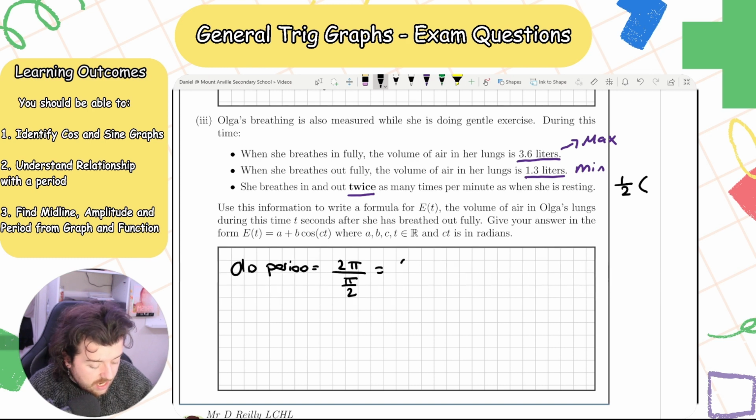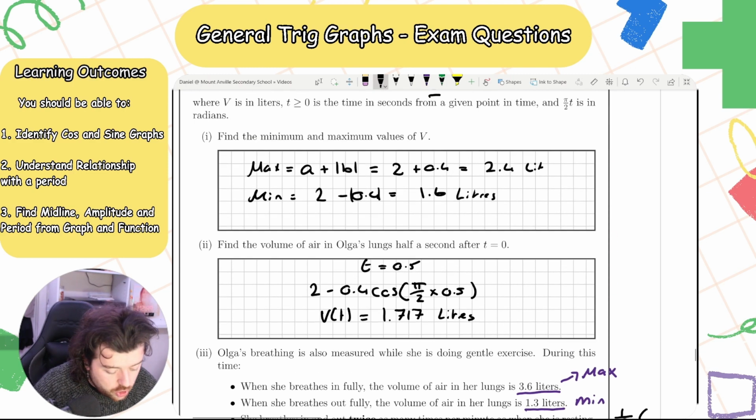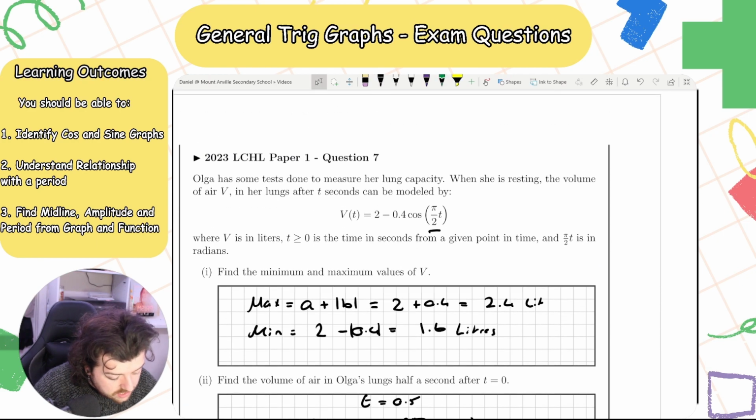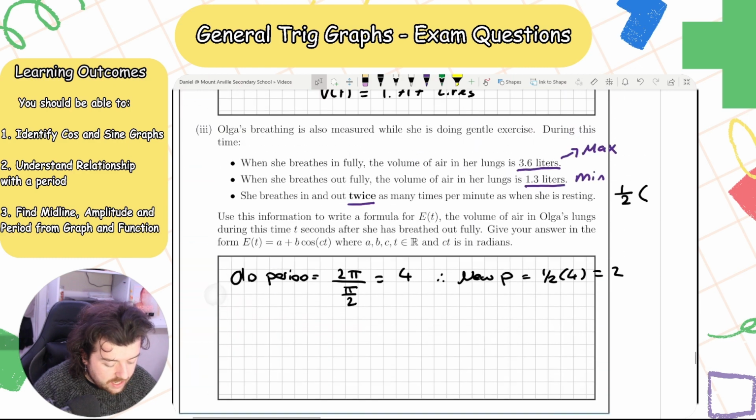So put down your calculator, we get the old period is equal to 4. Therefore, the new period is equal to a half times 4, which is 2. So she completes a cycle in 2 seconds.